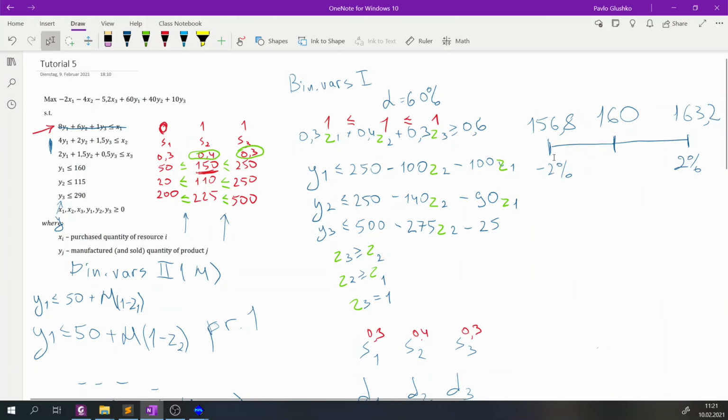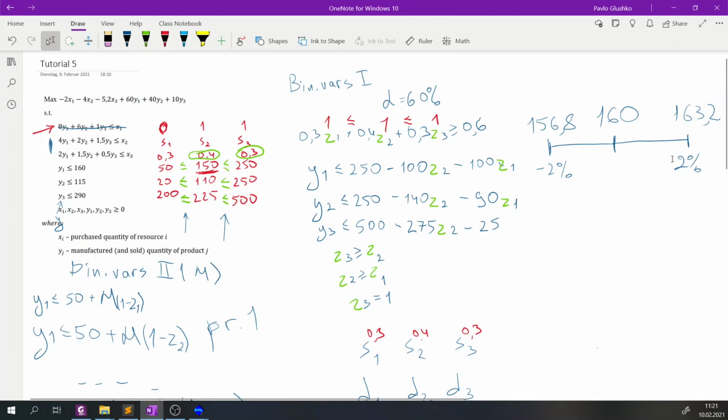It can happen because of the measurements, because of probability in the real world, and so on. And the same is happening for the demand for product 2 and for the demand for product 3. And what's the idea basically?